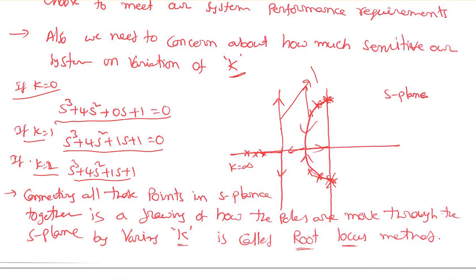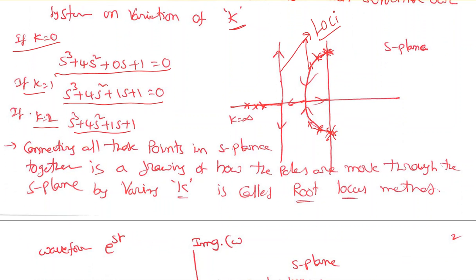These lines are called loci. Connecting all these points in the S-plane together is a drawing of how the poles are moving through the S-plane by varying the k value. That is called the root locus method.